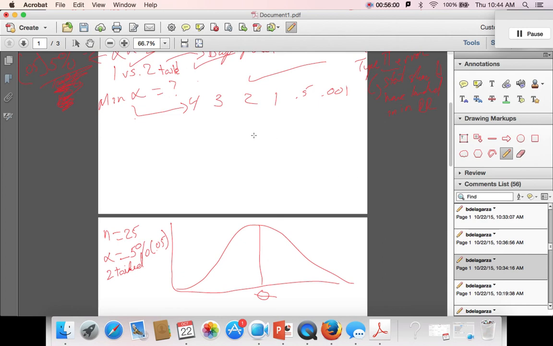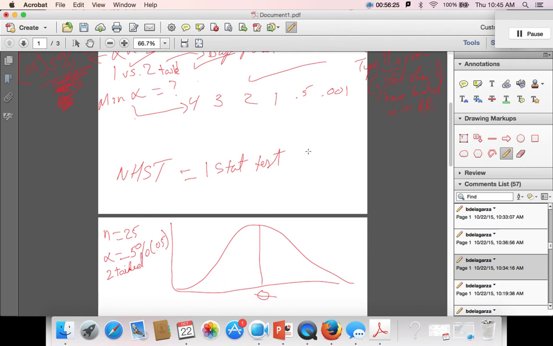Now, one of the things that we have to consider is the following. When we do null hypothesis significance testing, we are doing one statistical test. So this equals one statistical test. If I were to calculate another group average, and I were to want to compare it to my population average of an 80, I would have to do another statistical test.